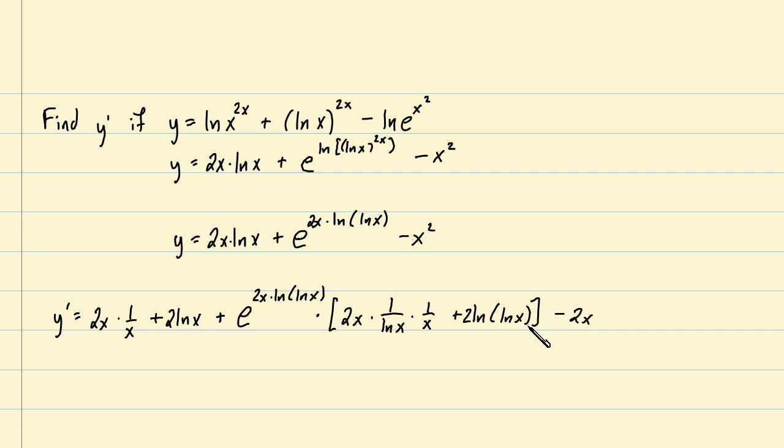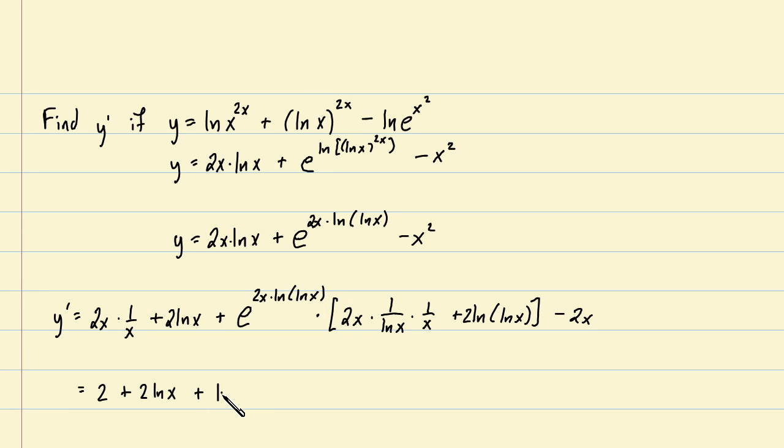Okay, it remains to clean things up. We're done with the differentiation. All we got to do is simplify now. Notice these x's cancel. So we have a 2, plus 2 ln x from this guy. When we look at all this mess, remember, this here is identical to what we had in the original function, that one term anyways. And that one term was just a different form of that term. So let me replace this with this.